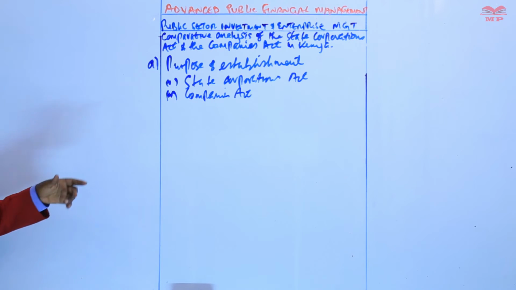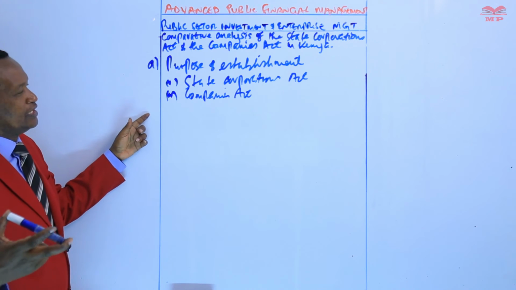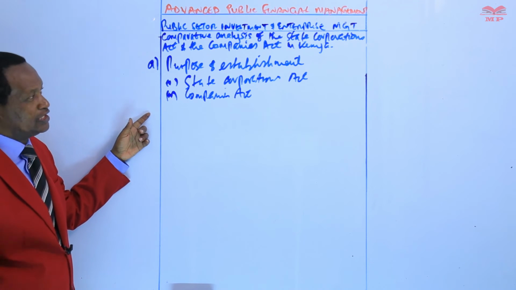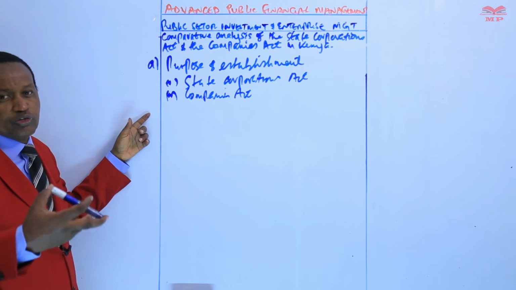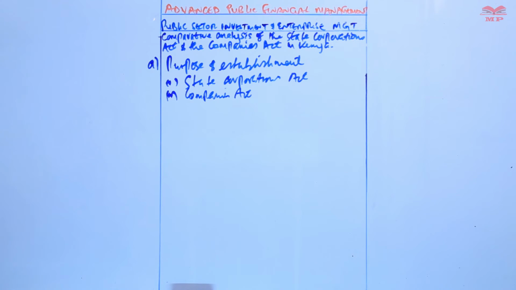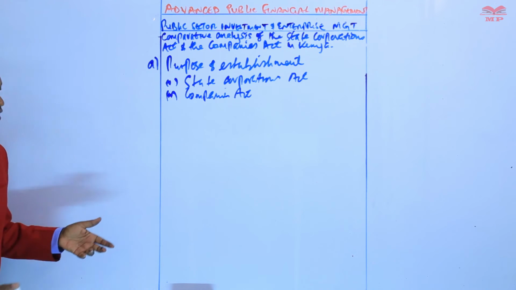And the primary purpose of the Companies Act is to facilitate business and commercial activities by providing a legal structure for enterprises focusing on aspects like shareholder rights, corporate governance, commercial viability, and so on.